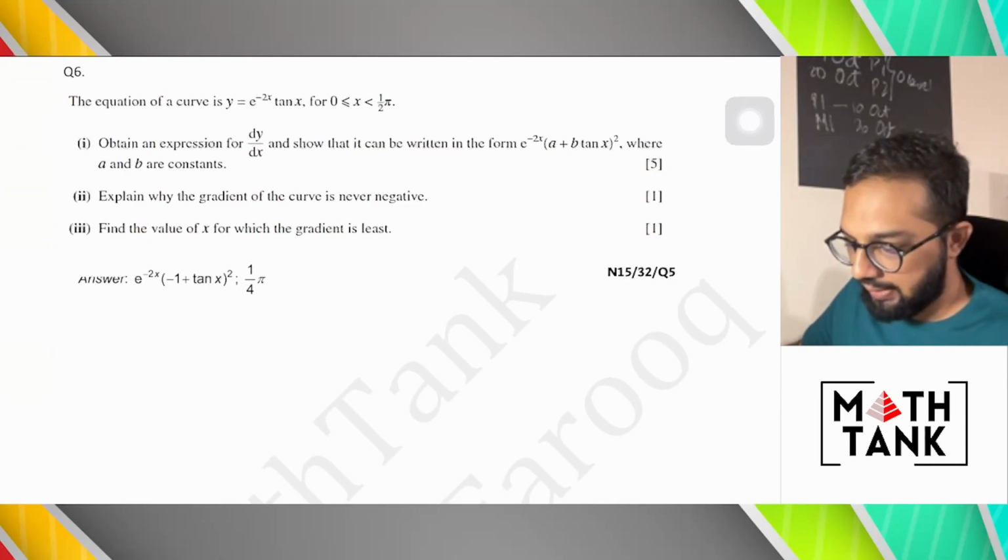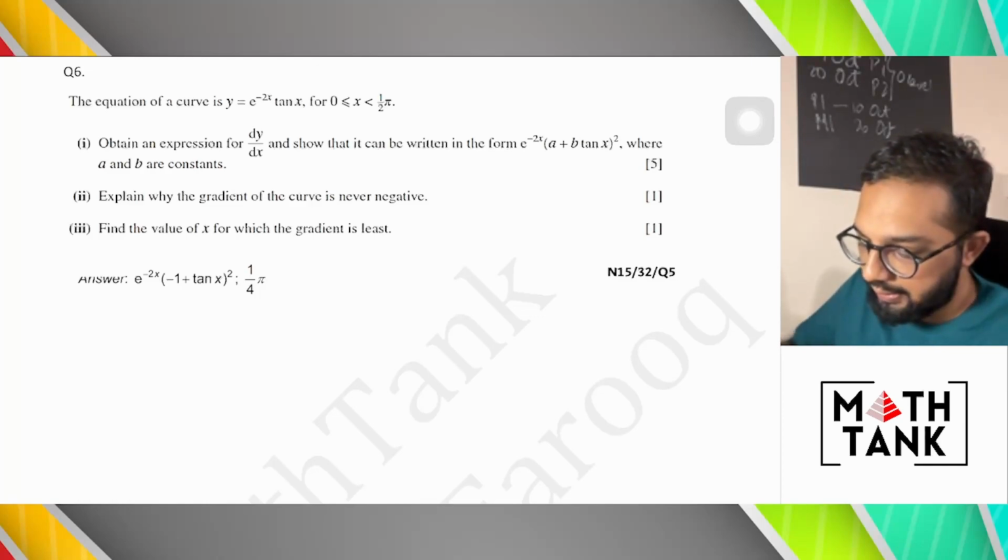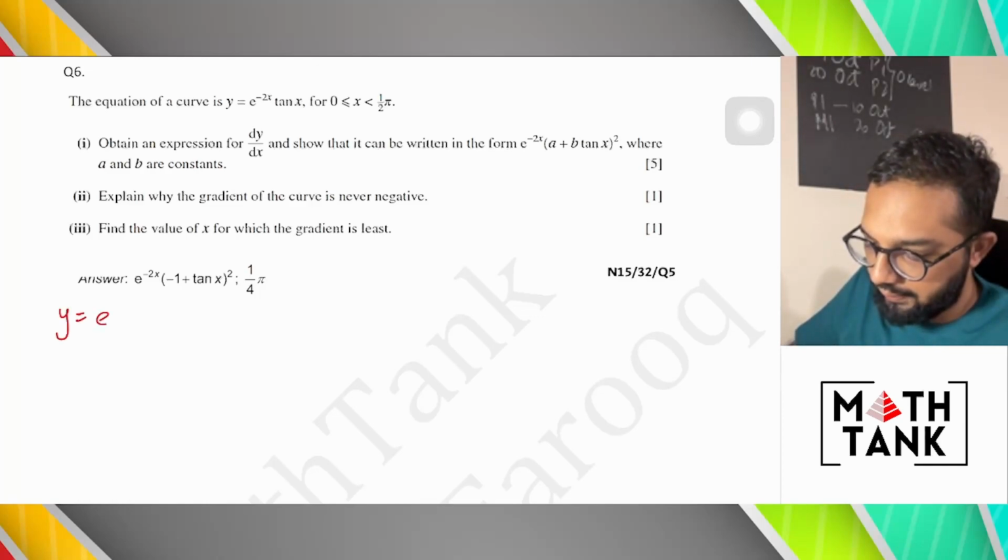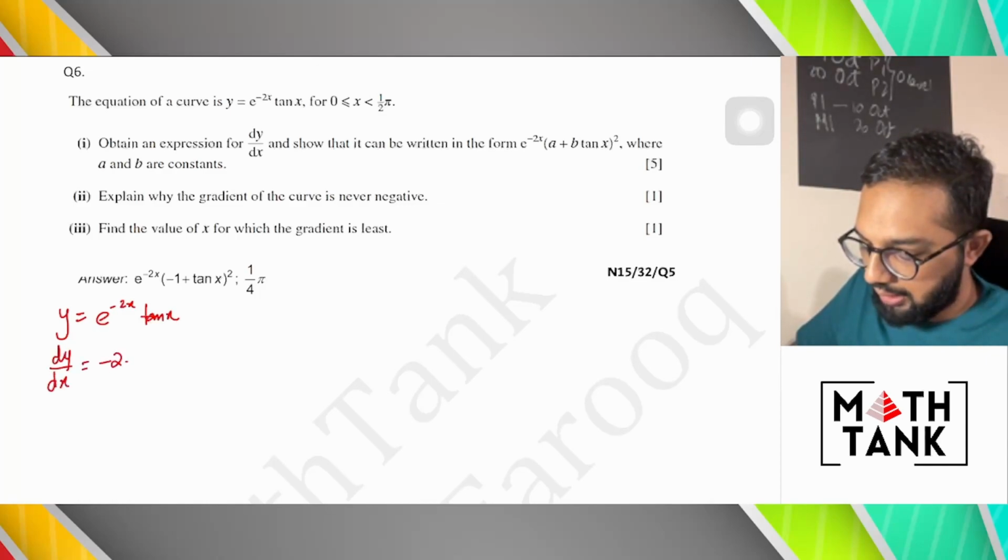Obtain an expression for dy by dx and show that it can be written in the form this, where a and b are constants. Okay, so let's start differentiating this. Minus 2e minus 2x. Okay, let's just instead write u and v so that you don't end up being confused.